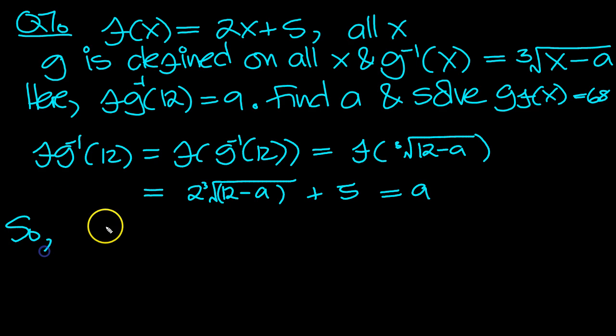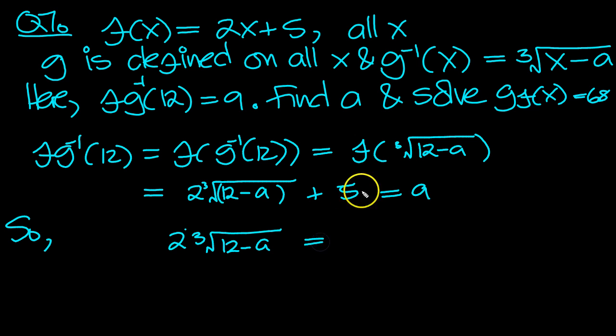So, what have we got then? 2 times the cube root of (12 − a) equals, move the 5 over, 9 minus 5 is 4. Move the 2 from times down to divide. So the cube root of (12 − a) is 4 over 2, which is 2.